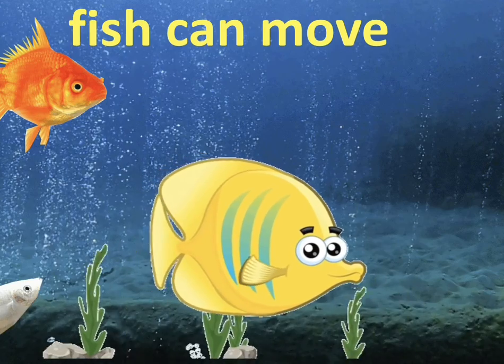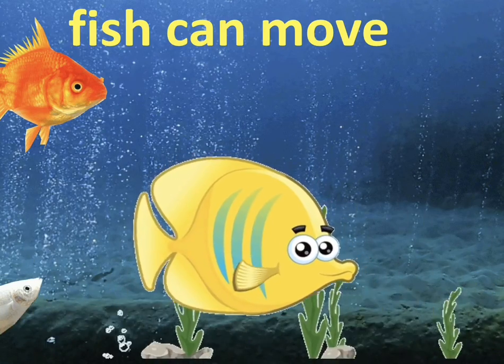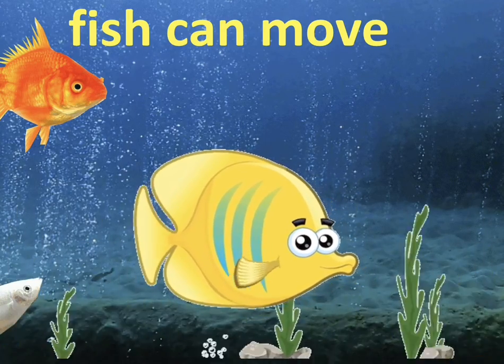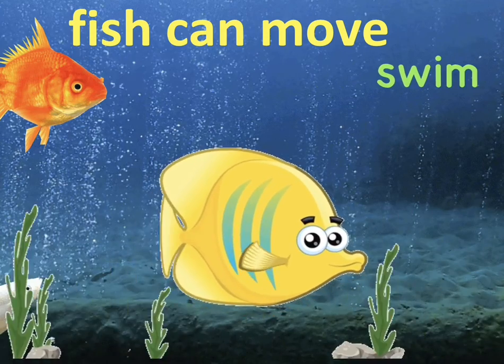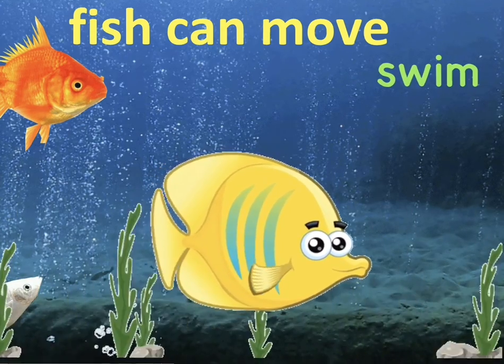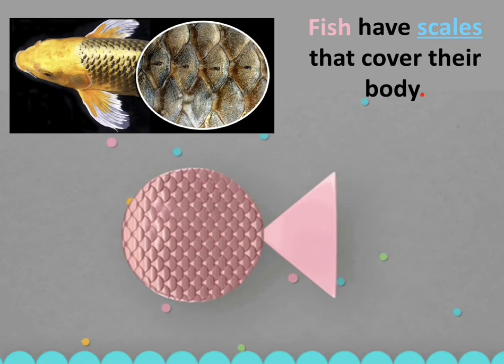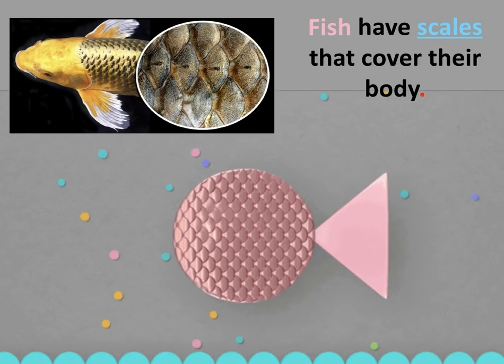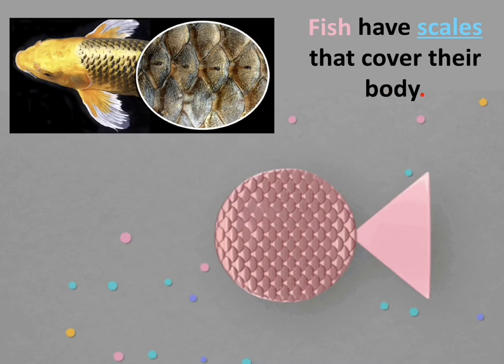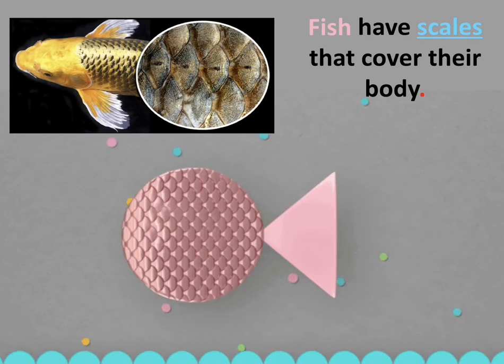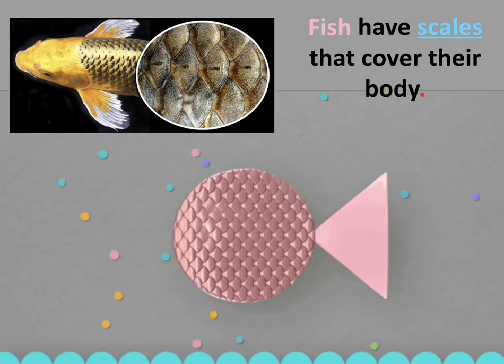How do fish move in the water? Excellent! Fish can swim. Do you know what is the body covering of the fish? Yes, fish have scales that cover their bodies.